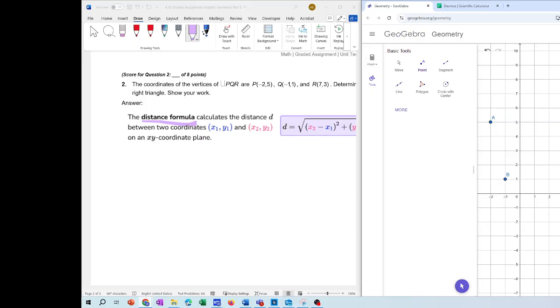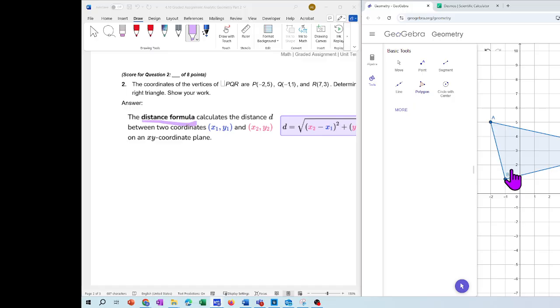Okay, so this is going to be a triangle. You can join your points by using polygon here. There you go. And we want to know if it's a right triangle. It may look like a right triangle. Remember, a right triangle has a 90-degree angle, so your 90-degree angle should be here.